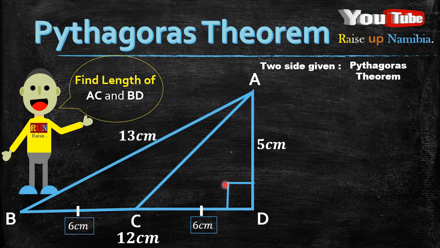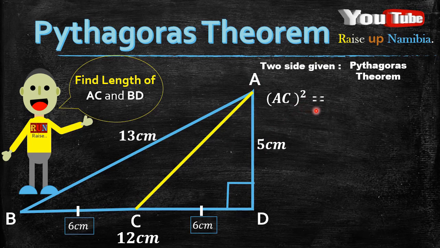Now, which one is the hypotenuse of our ACD triangle? Again, we look at our right angle here. And then opposite that right angle is this line. So that line is our hypotenuse. So which line are we looking for? We are looking for the line AC. So we write our formula.